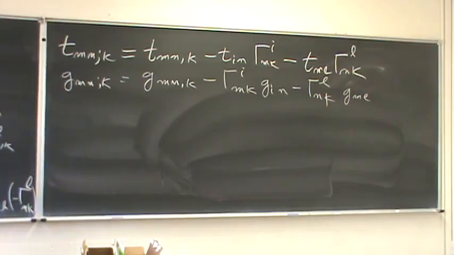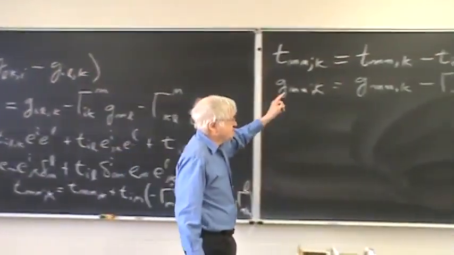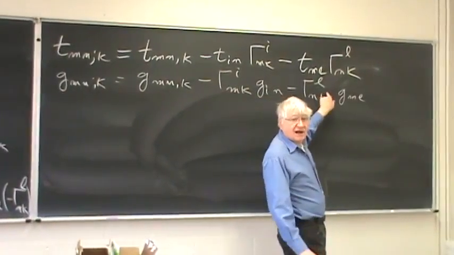All right, the next step is to use our formula for the gammas, our formula for the connection. And we have to use it twice. We have to substitute it here and there.